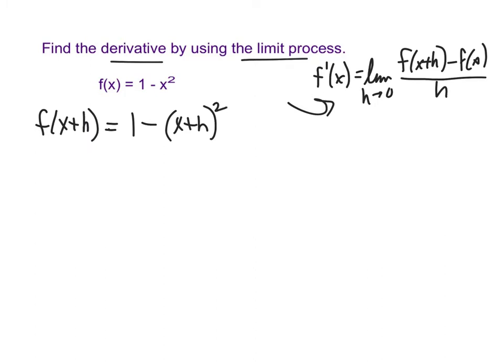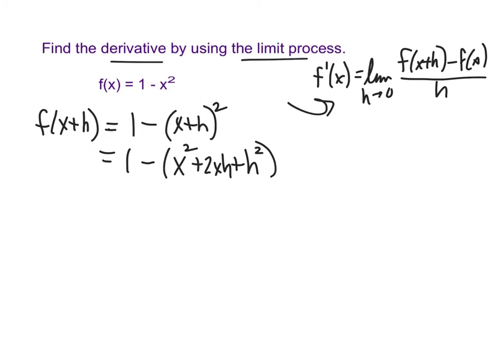Now, I'll probably show you in class a pretty simple way to multiply this out. I'll do it rather quickly here, but really the pattern of multiplying out a binomial that's squared is to square the first term, square the last term, and then the middle term is x times h doubled. And that's true every single time.